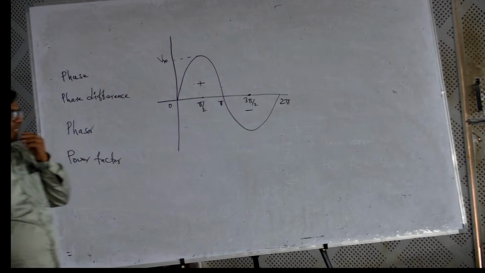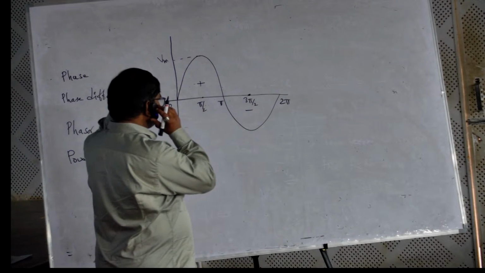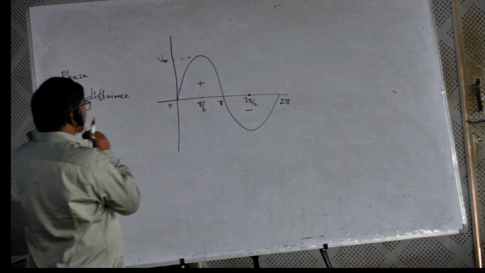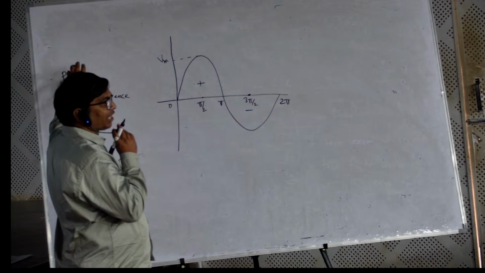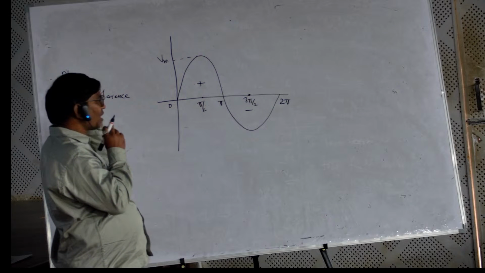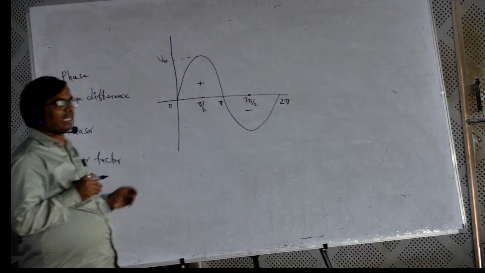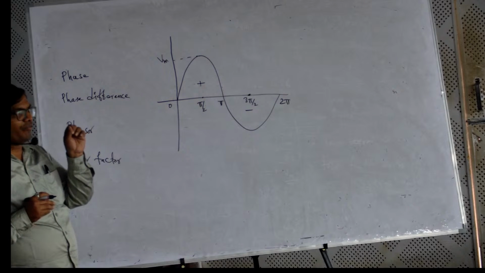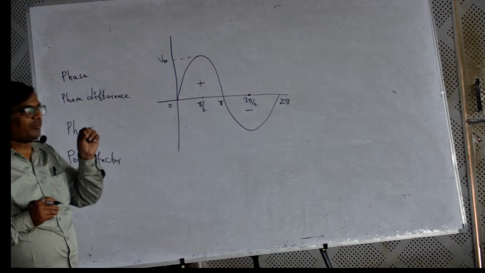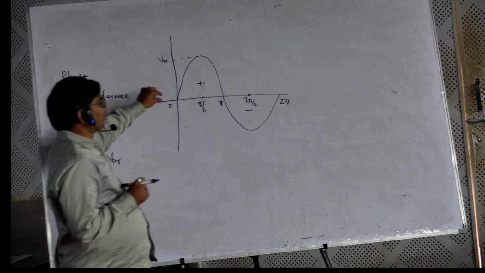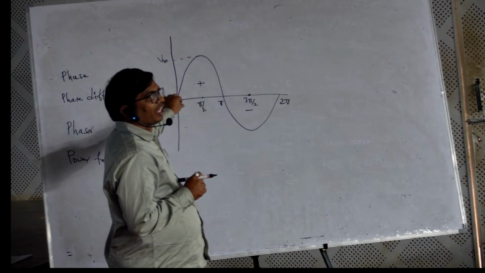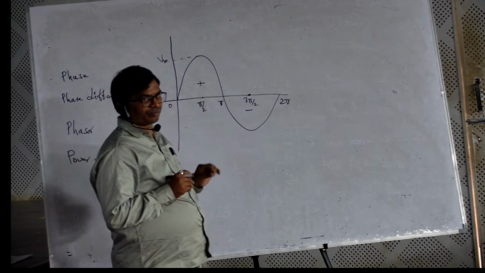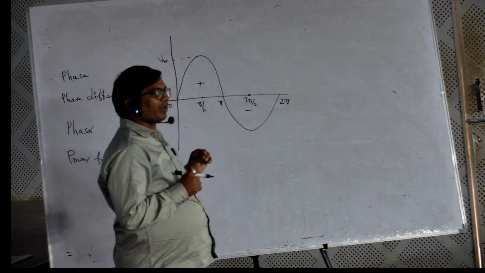Now see, what is meant by phase? Phase is the distance of the wave measured from the origin with respect to the x-axis.